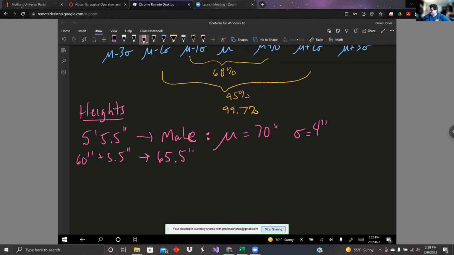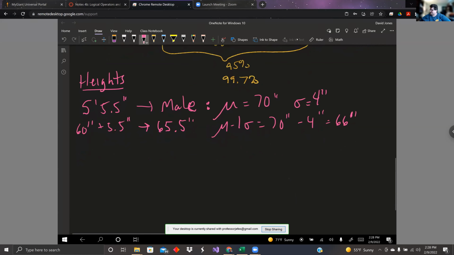So if we think of this in terms of deviations, mu minus 1 deviation is 70 inches minus 4 inches, which is 66 inches. And I'm at 65.5.